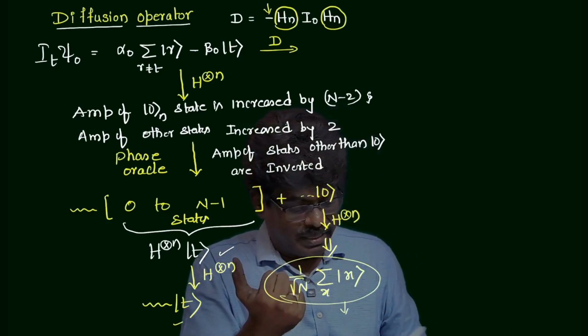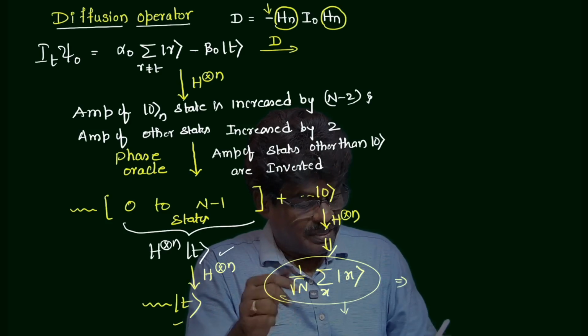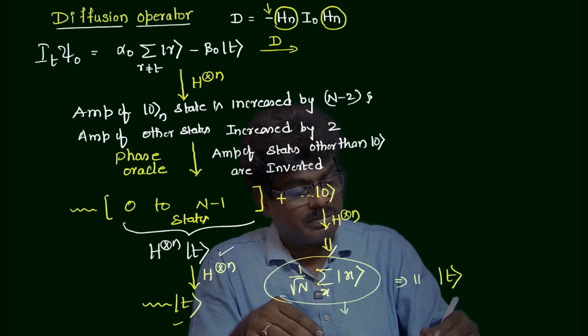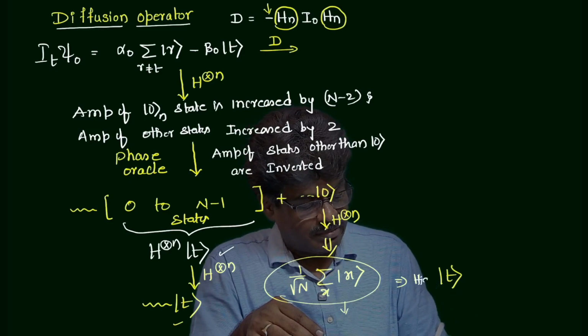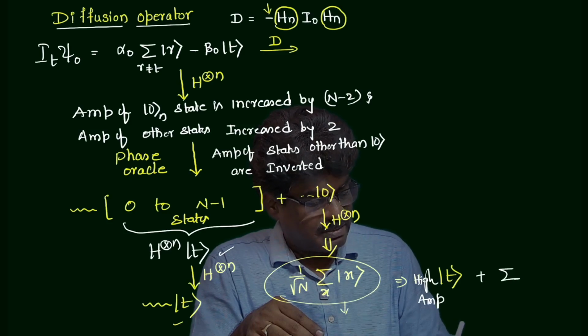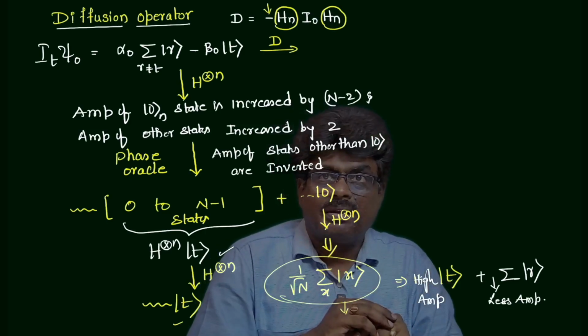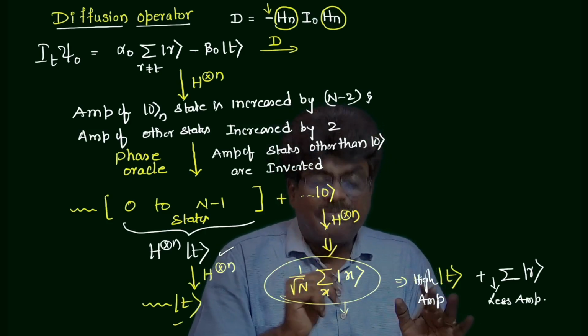And once you take it in common, you will get the target state with the high amplitude, plus the summation of the remaining states with the low amplitude. That's it. So this is the diffusion operator.